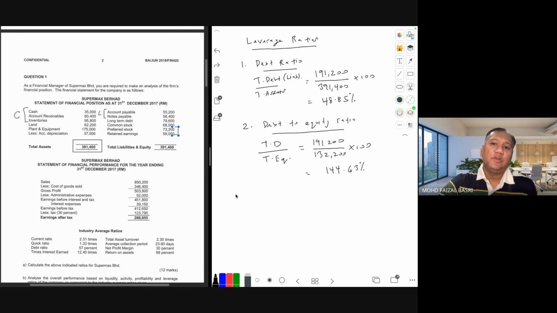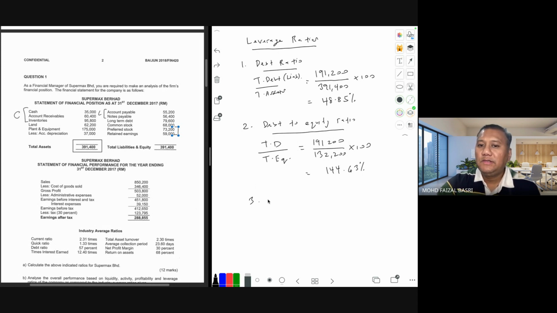Whether it's good or bad, we don't know because you cannot compare with the industry average because it's not given in the question. Okay, tapi for this ratio, it indicates that this company has a quite high debt sebab dia more than 100%. So the value of total debt dia lagi besar daripada dia punya equity. So meaning the company has more debt as compared to the equity, right? Cuma kita tak boleh compare dengan the competitor lah, we don't know, right?